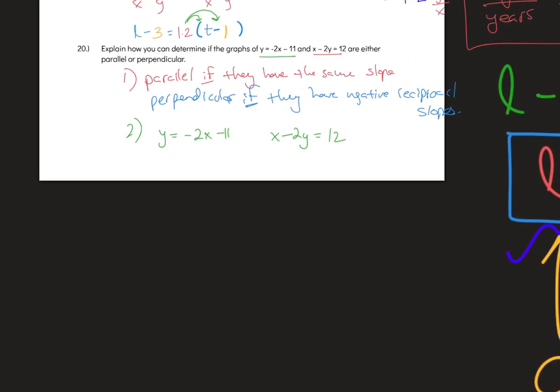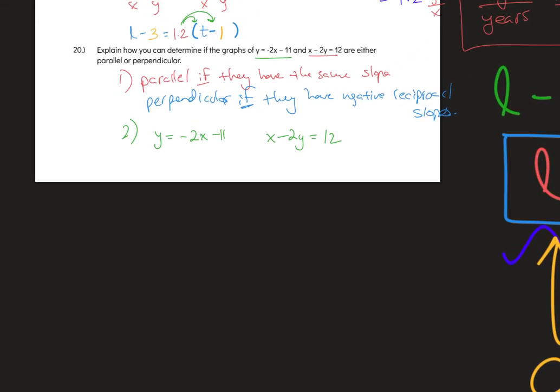If we were to explain how we could know from here, the first thing I would do, part A, is solve for y to get slope-intercept form, which gives us slope easily.